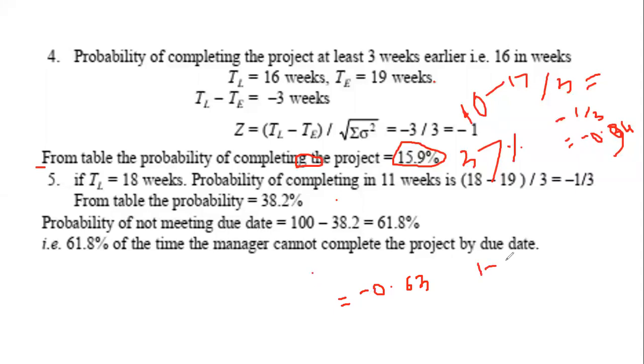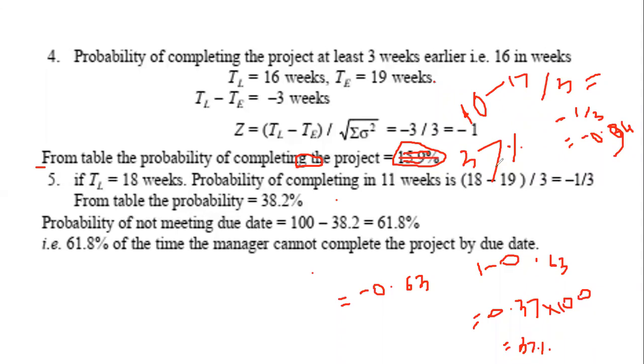So 1 minus 0.63 gives me 0.37, multiplied by 100, converted into percentage, equal to 37%. So in 16 weeks your project will be completed with 37% probability, and the same calculation we have made here.